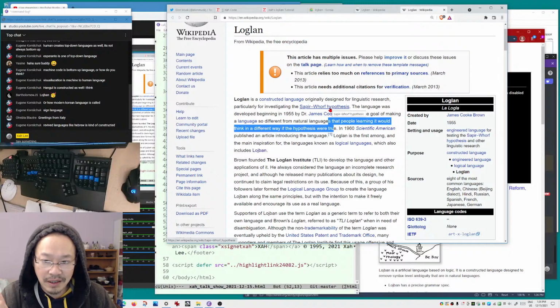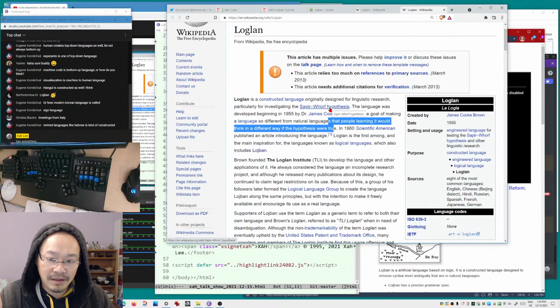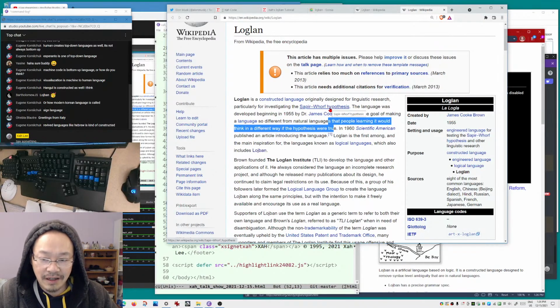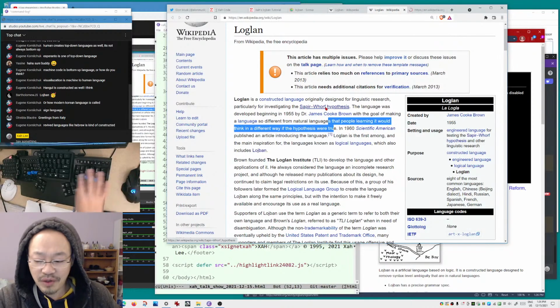That's essentially what this hypothesis is saying. It's possible I might think of something that you will never possibly imagine because your language is different from mine and vice versa. So that's roughly the Sapir-Whorf hypothesis.